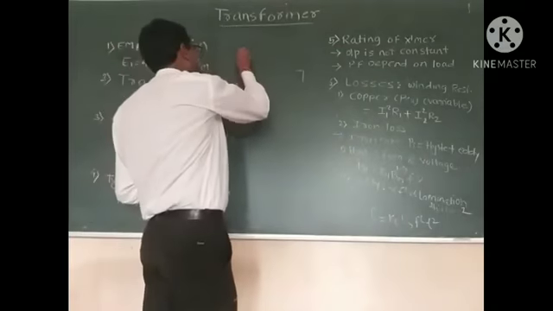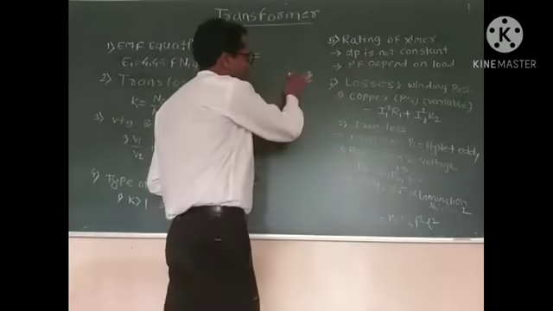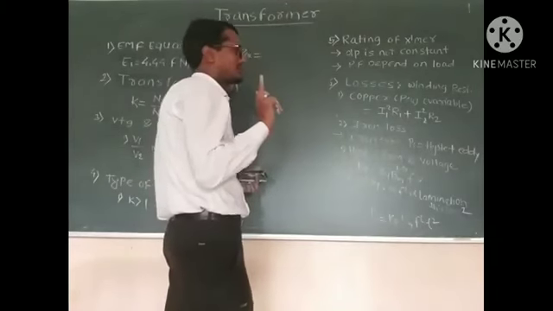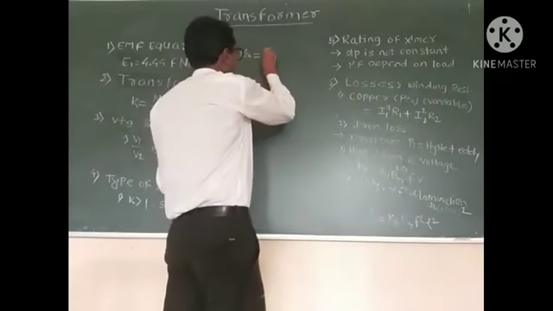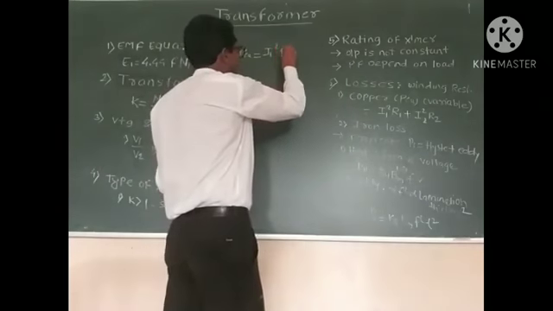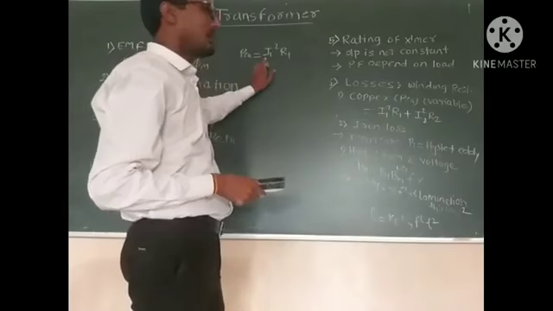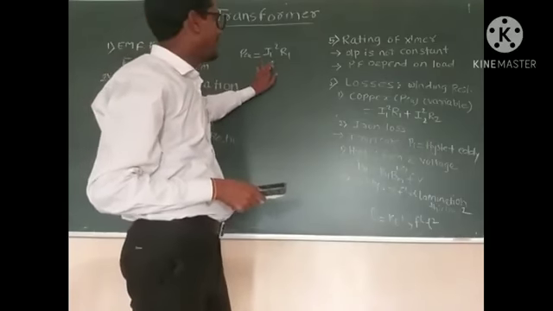The copper loss PCU equals, there are two types of winding in the transformer, so there are also two types of losses in the winding. For the primary side, it is I1 square R1, meaning this copper loss is the square of the load current times the resistance of the winding.